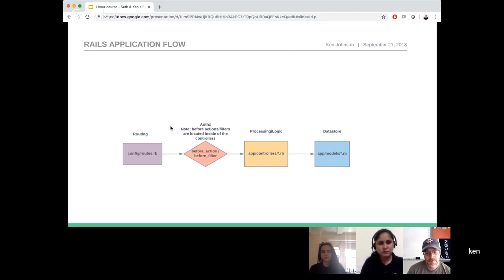I'm adding these little caveats because I know one of these days somebody's going to say they have an example that's different, but I've never had one. I've reviewed a lot of these applications. It's always config routes.rb, always before_action, before_filter for authorization. For processing logic, you've got the app/controllers folder, and everything like home_controller.rb, that's where all this stuff is processed, and then your data store is under your models.